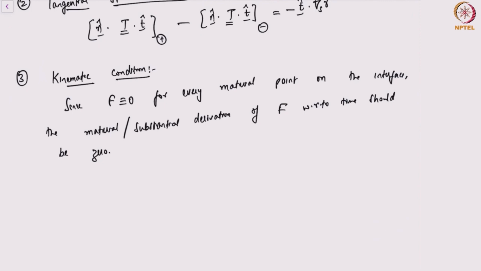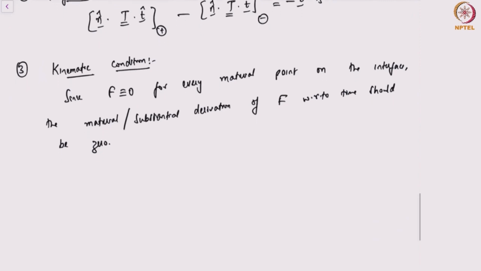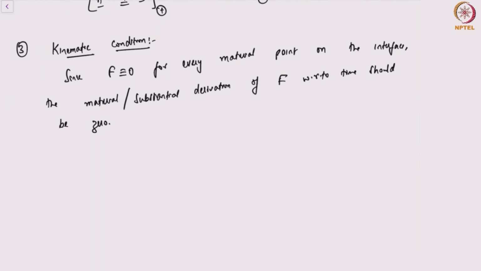In other words, any point on the interface will always have F equal to 0. Therefore, you have dF/dt always equal to 0, and this essentially becomes ∂F/∂t plus U ∂F/∂x plus V ∂F/∂y is equal to 0.